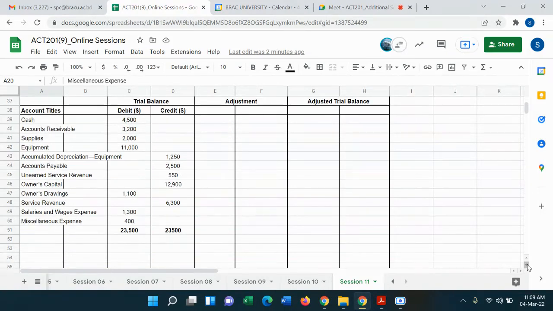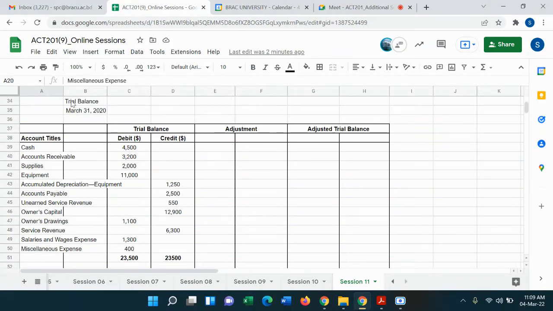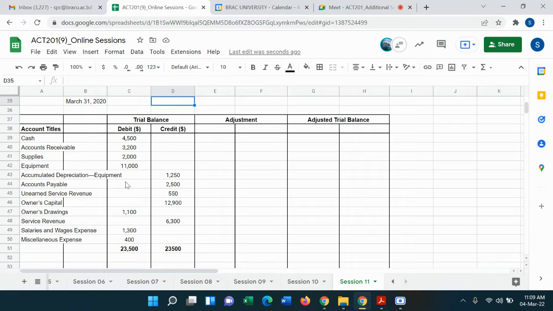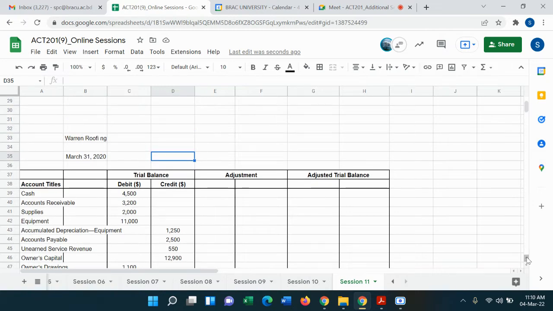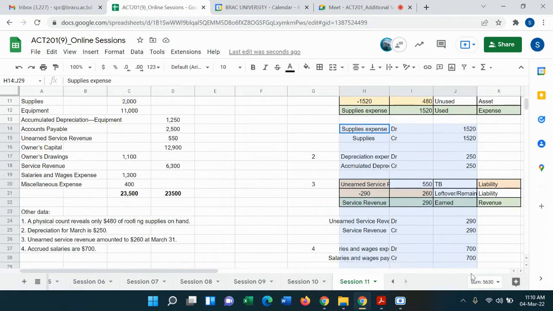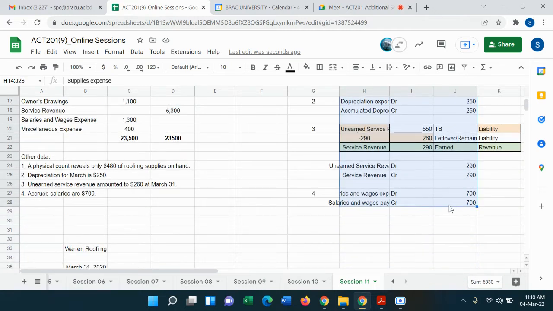So we have seen that they have given us a trial balance, and we'll mention it. They have given us a trial balance with some additional information, and from the additional information we have prepared our adjusting entries. Let me sort it down, these adjusting entries will help us.